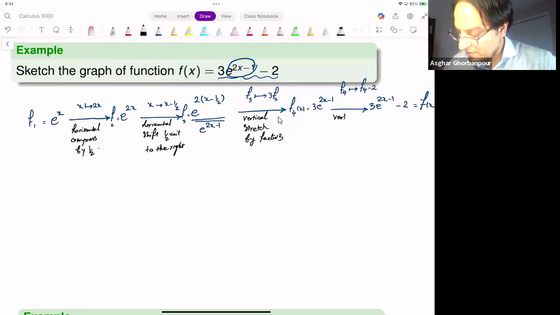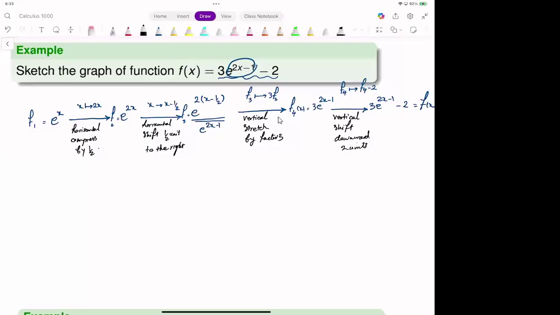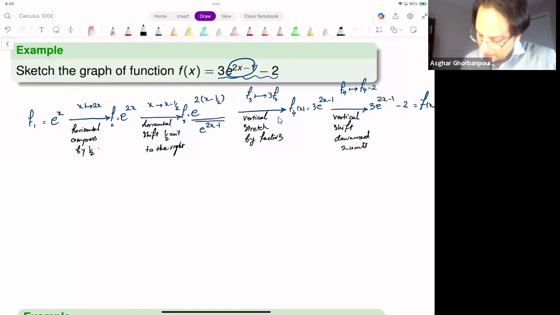This is again a vertical shift downward 2 units. Yeah, and that's all I need. Was there any question there?